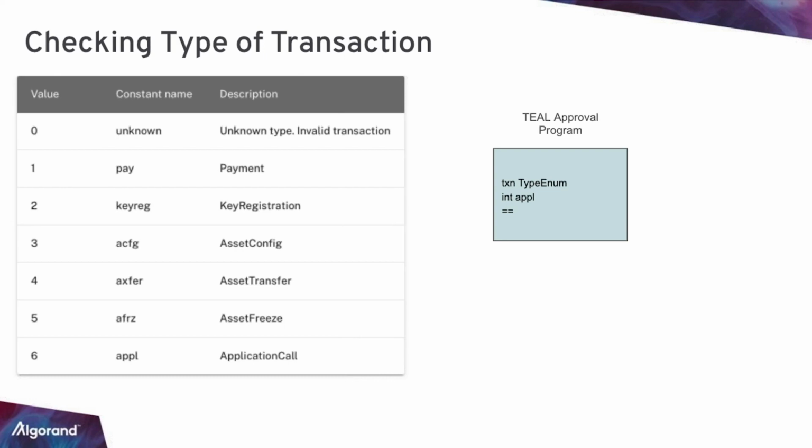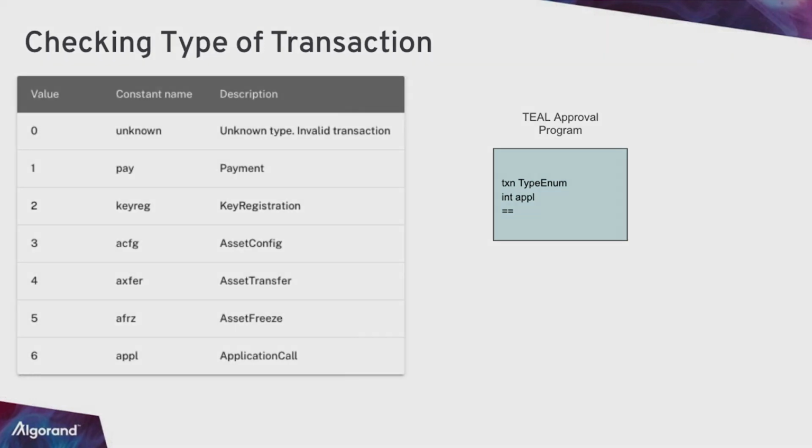So TXN type enum would load whatever the current transaction's type enum is. And then if you put in APPL, it'll load the integer value for that particular one, so comparing those two will allow you to say, okay, this is a payment transaction, this is an application call, those type of things.